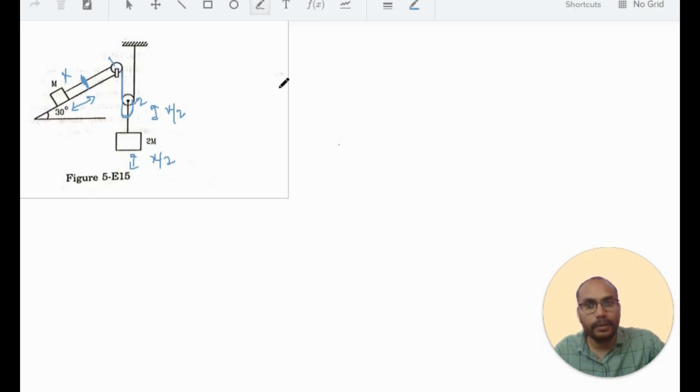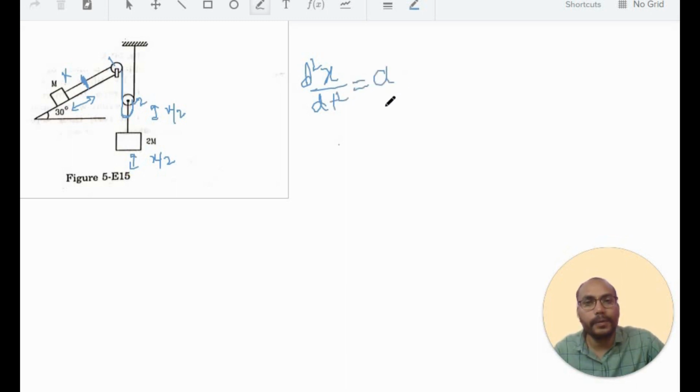So if you want to write a relation between the acceleration of mass m and mass twice m, how can I achieve a relation of acceleration? So we know that d square x by dt square gives our acceleration.